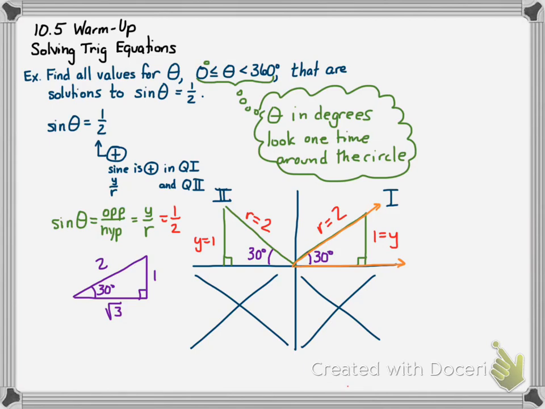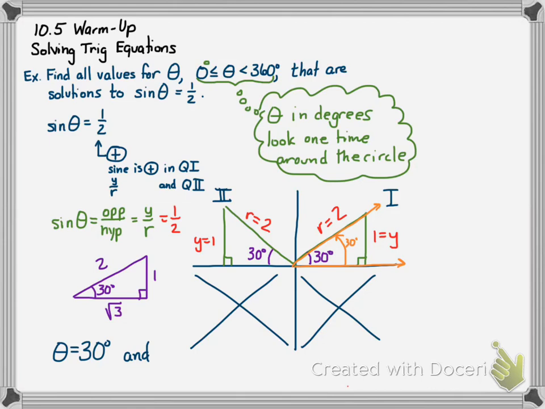The first angle in quadrant 1 is the same as the reference angle, 30 degrees. So one of our values for theta will be 30 degrees.